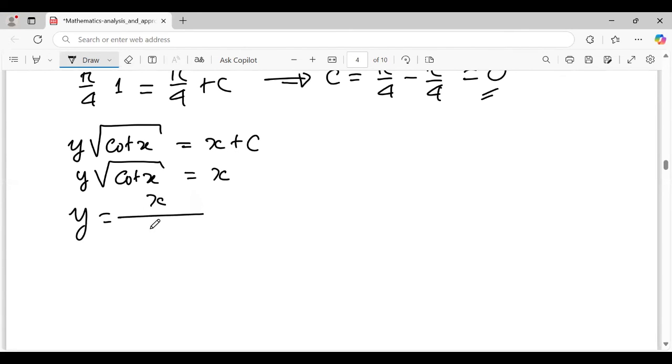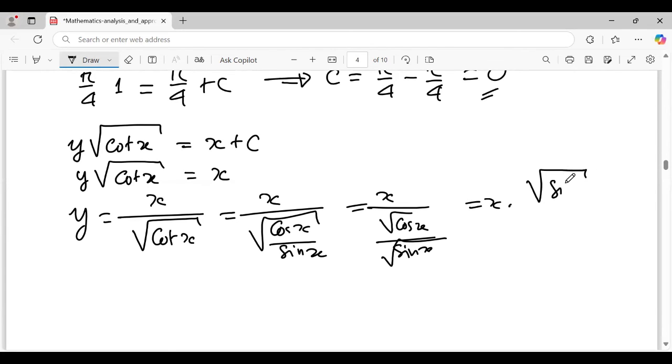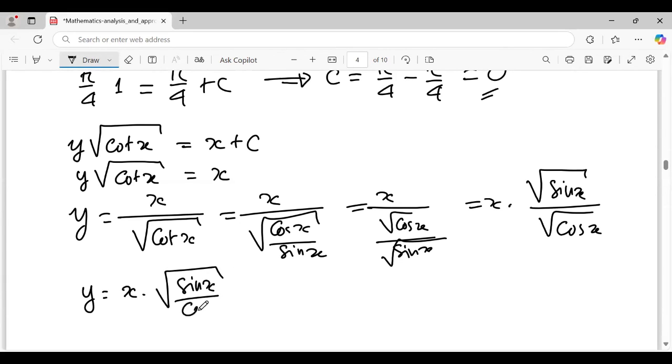So y equals x over square root cotangent x, or x over square root of cosine x over sine x, or x times square root of sine x over cosine x, or y equals x square root of sine x over cosine x, or x square root tangent x.